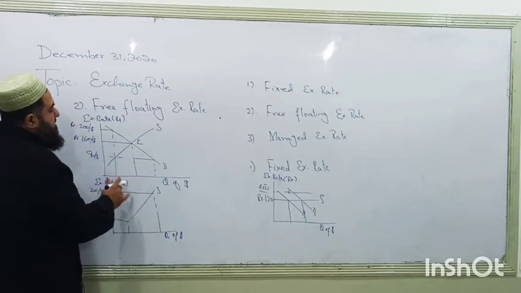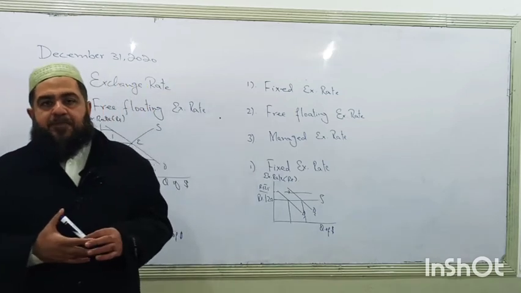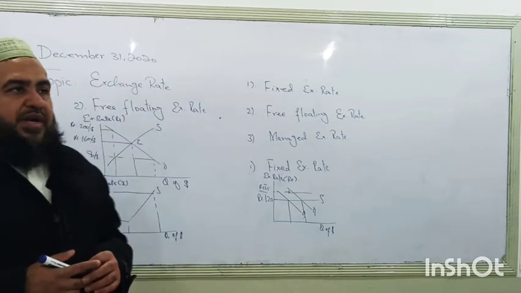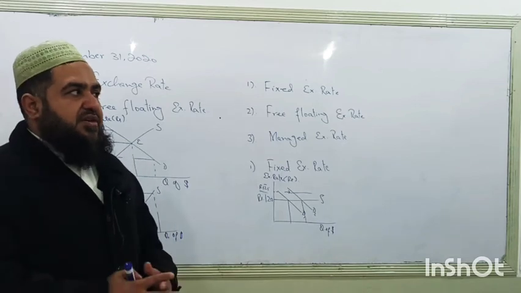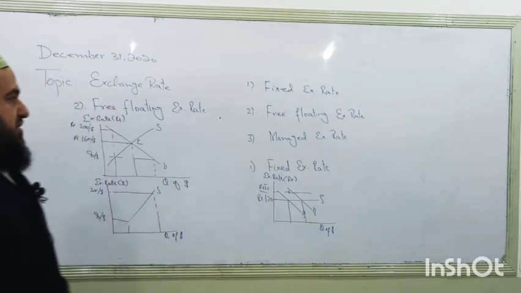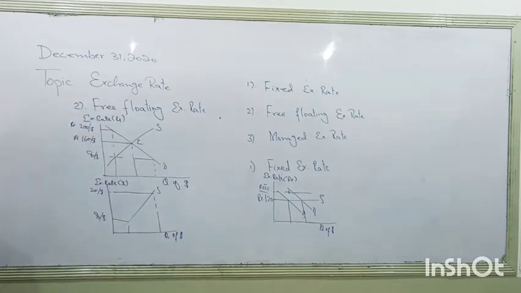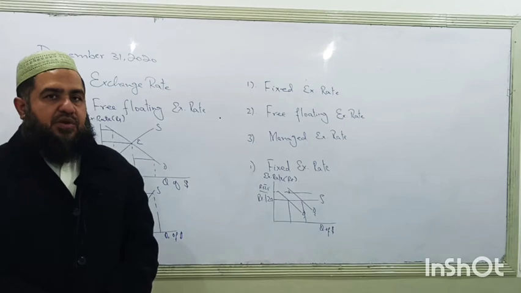This is the equilibrium level of the dollar market, where whatever dollars are demanded by the importers are equivalent to the supply of dollars by the exporters in our international market of import and export. So at equilibrium, dollar demand and dollar supply are balanced with each other, and this is the equilibrium exchange rate.